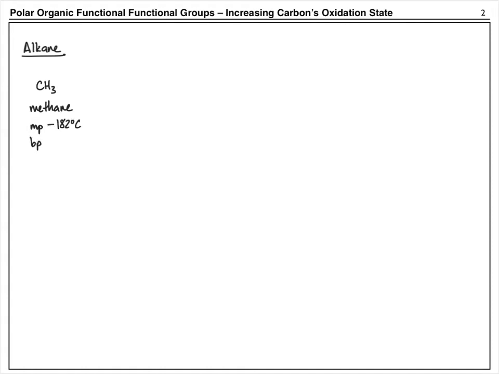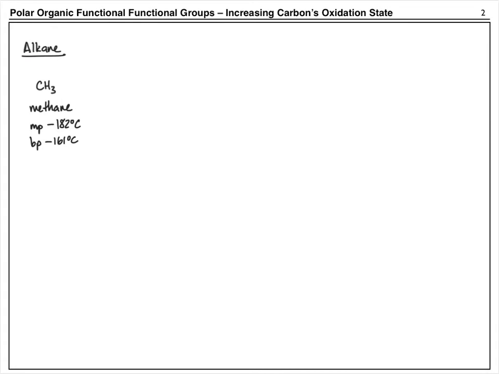The boiling point was negative 161. Again, I don't expect anyone to memorize physical data like this. You would essentially be given it, and then you have to rationalize why it is. There's no point in memorizing things when you can look that data up.